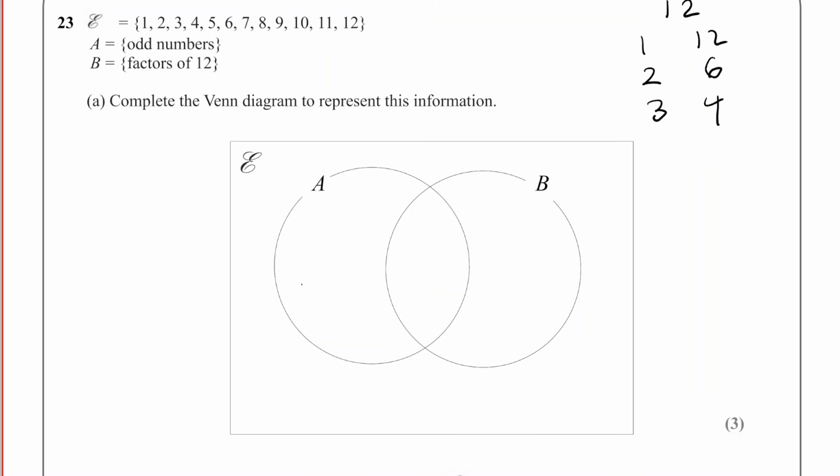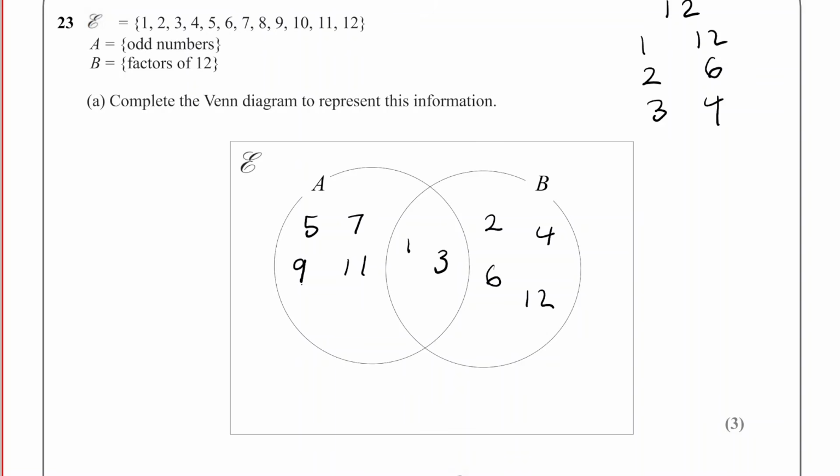So in the middle are going to be the odd factors of 12, which is just 1 and 3. The rest of the odd numbers go into just the A circle. So 5, 7, 9, and 11. The rest of the factors of 12 go into the B circle. So we've got 2, 4, 6, and 12.